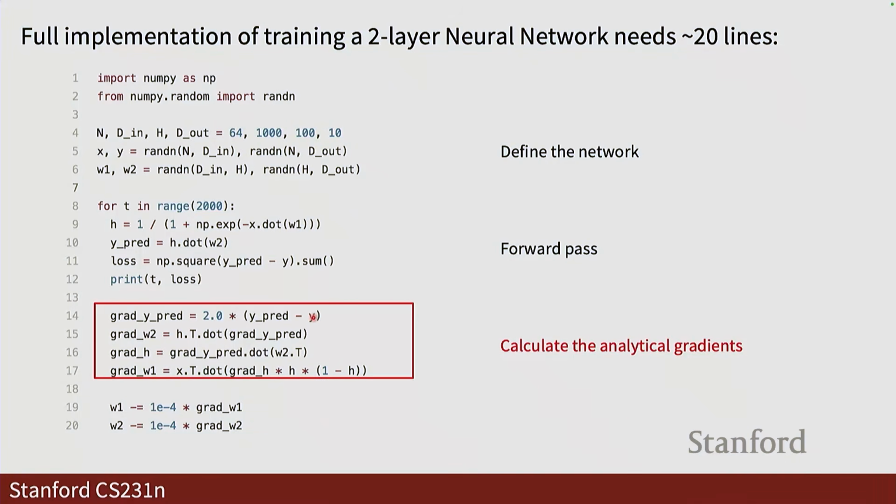But this part, calculating the analytical gradient, is the most important part that we haven't gone into very much. So almost the rest of this lecture is about making this work and scale in different settings.